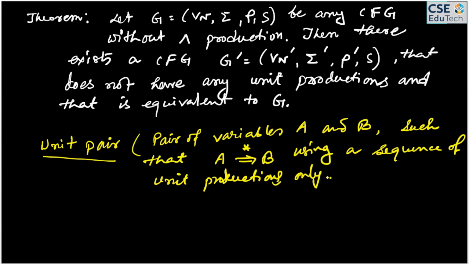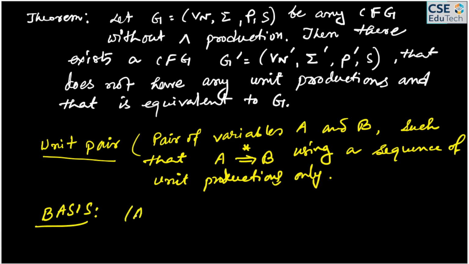Okay. Now, to remove these unit productions, we have to find all the unit pairs. Now, to find all the unit pairs, we have to follow this concept. So, basis. What is the basis?